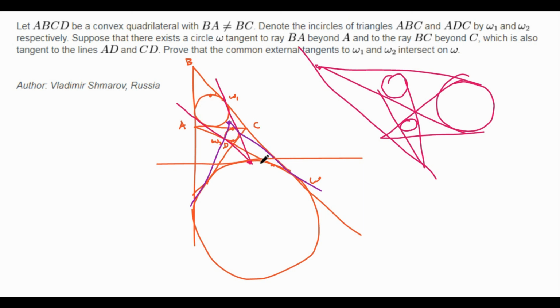So if we can prove that the red point is the top point of omega, then we also know that the purple point, the tangency point of omega 2 in AC, and the red point are collinear.